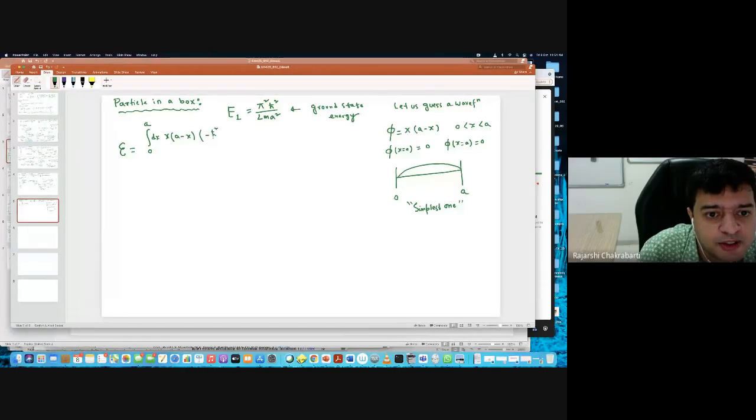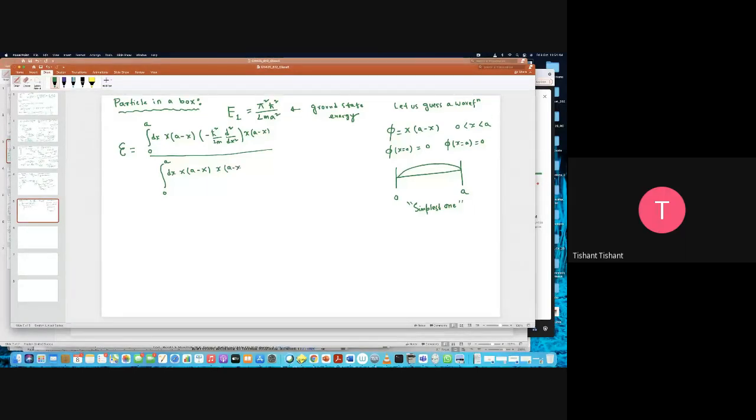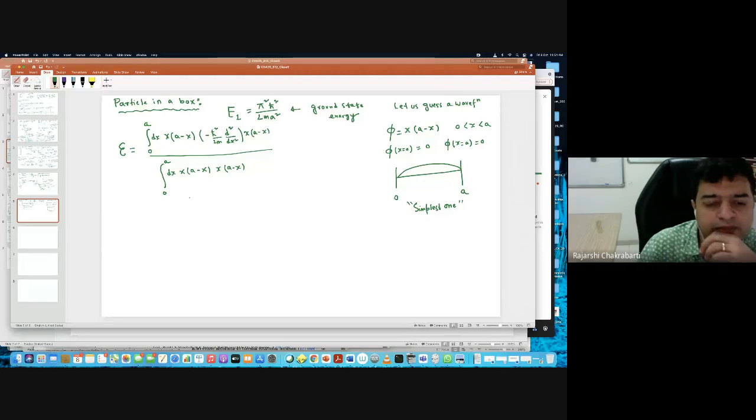You know the Hamiltonian for the particle inside the box is this. And in the denominator, x into a minus x, again squared. This is what it is, isn't it? So let us do the first integral, the numerator.